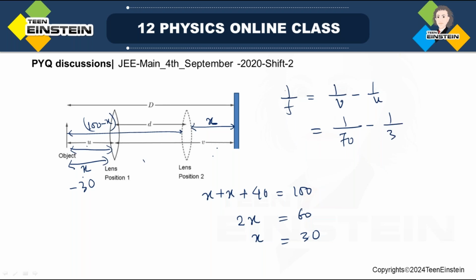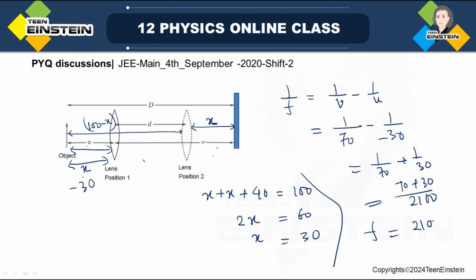So minus of minus 30 I have got, right? So I get ultimately 1 by 70 plus 1 by 30, which is 100 over 2100. So f will be 21 centimeter, in both cases we are getting 21. Okay, so this is the answer.